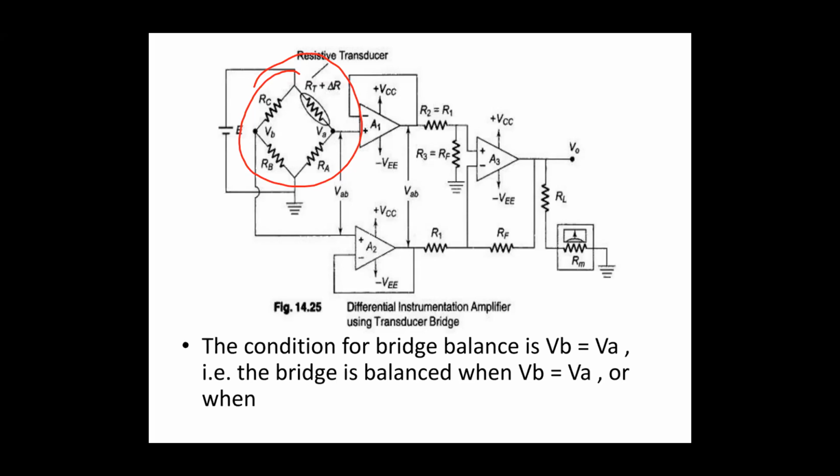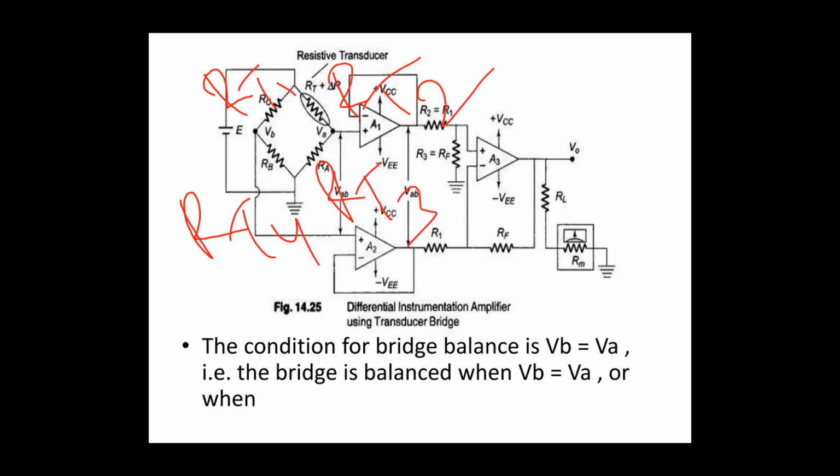If I say these are going to be strain gauges, this is RT1, this is RT2, and this is RT3 and RT4. When external force or weight is placed, opposite arms elongate.